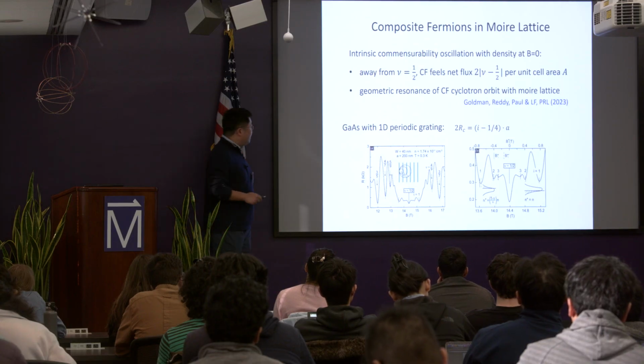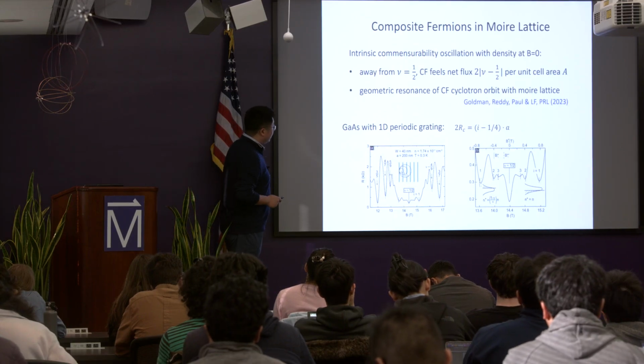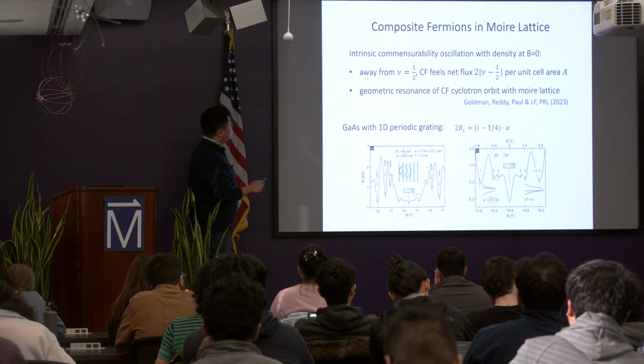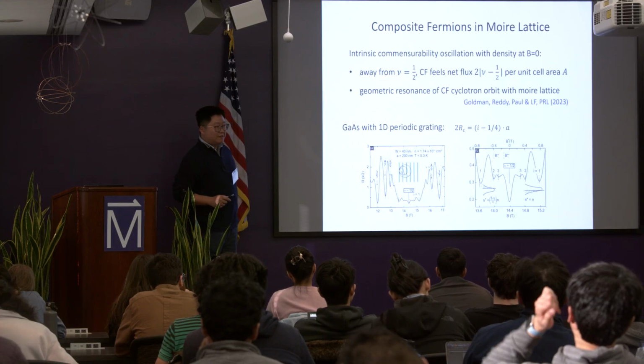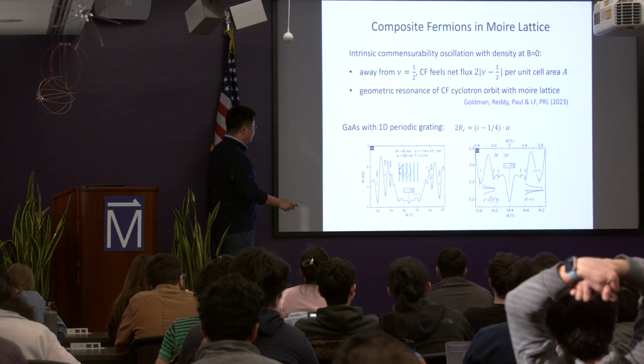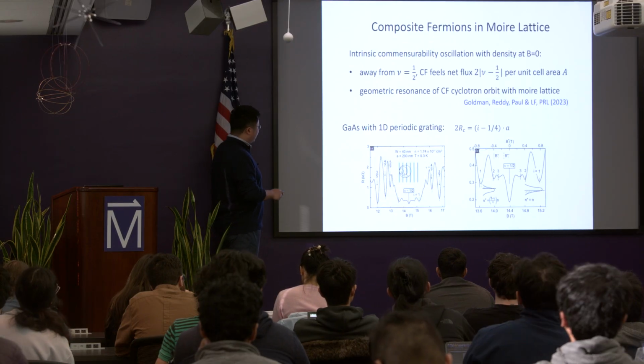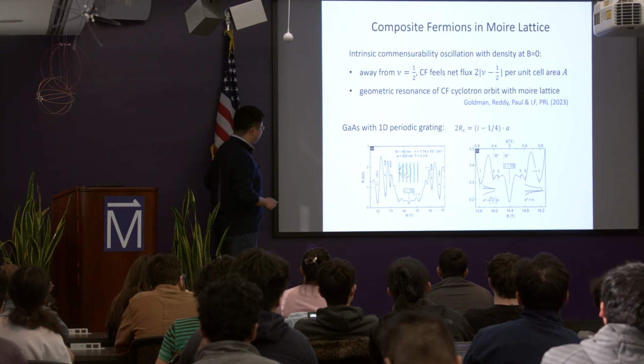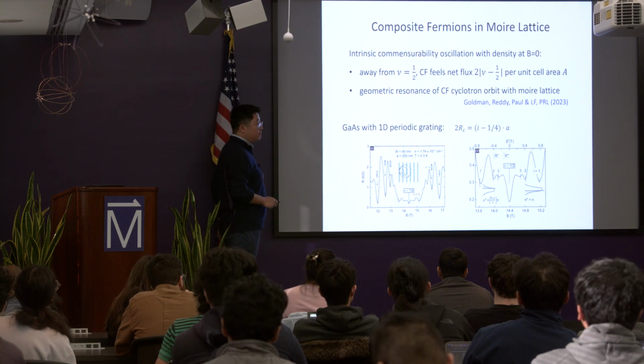Now, another important question is about the Fermi surface of composite fermions. In the case of gallium arsenide, one way to probe the Fermi surface of composite fermions is through commensurability oscillations.